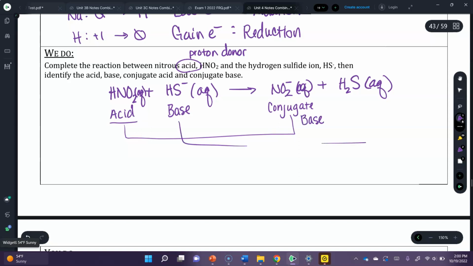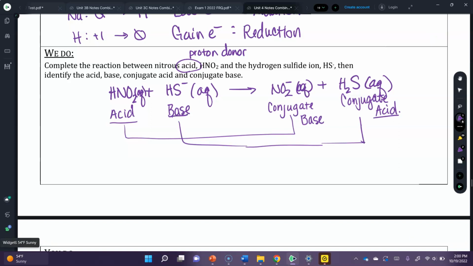We repeat the process with the other species pair, and that means that H2S, or dihydrogen sulfide, or hydrosulfuric acid, is the conjugate, and as hinted by the name, that is the conjugate acid, because the base has to have a conjugate acid pair.